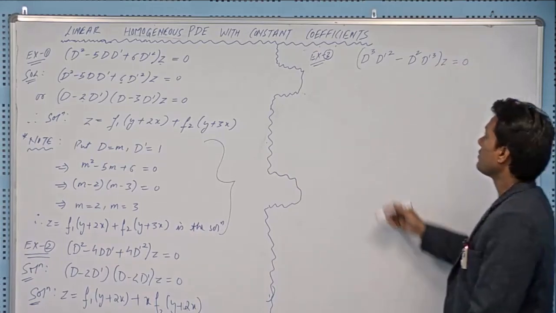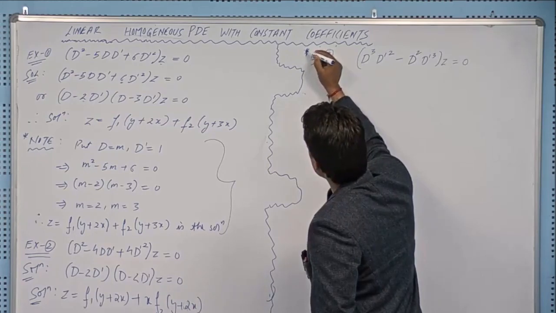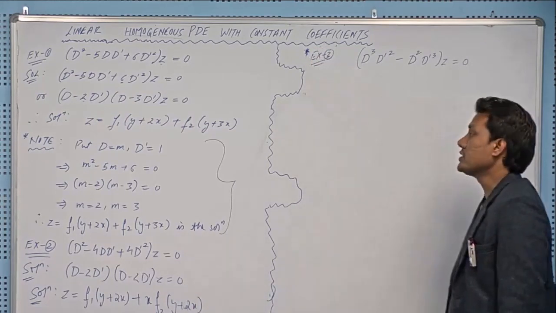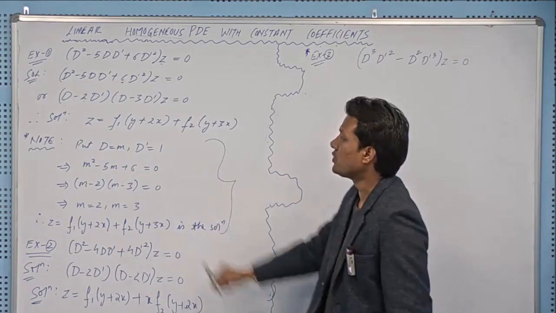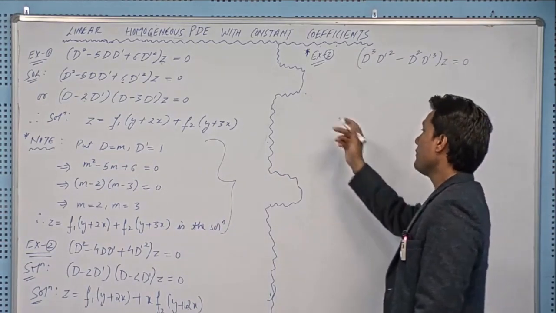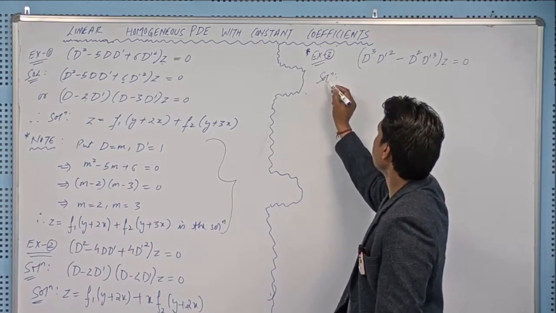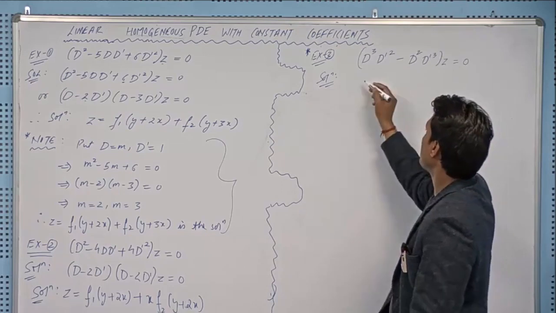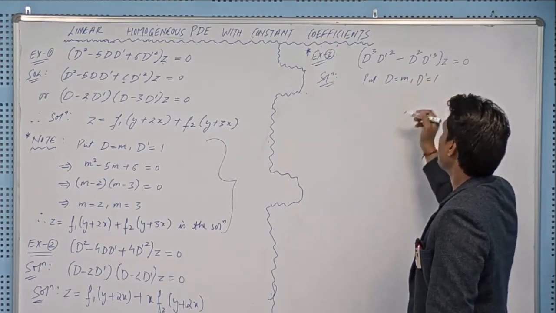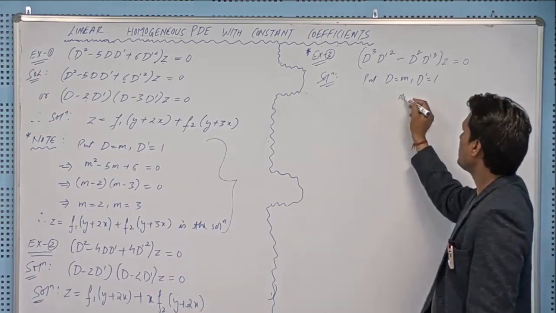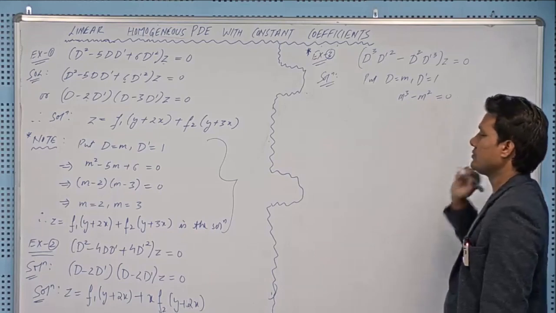I will put a star on this example. And why am I putting a star? Because this question is contradicting this method, writing D = m and D' = 1. If you follow this method, which looks good to a student, then what happens here? If you put D = m and D' = 1, then you will get something like this: m³ − m² = 0.